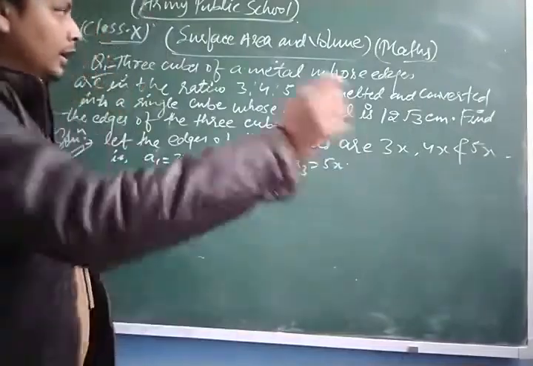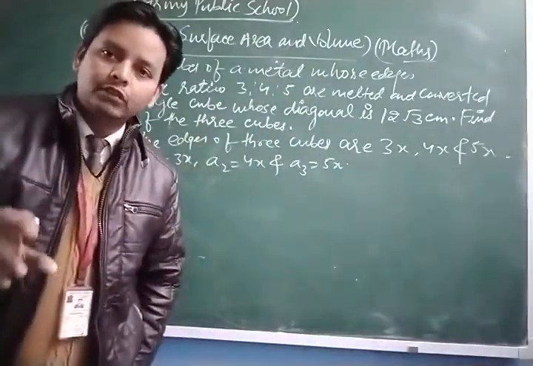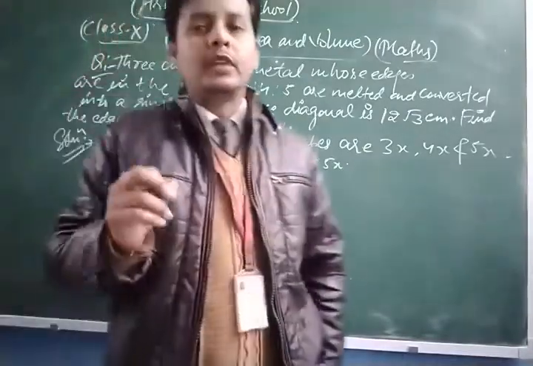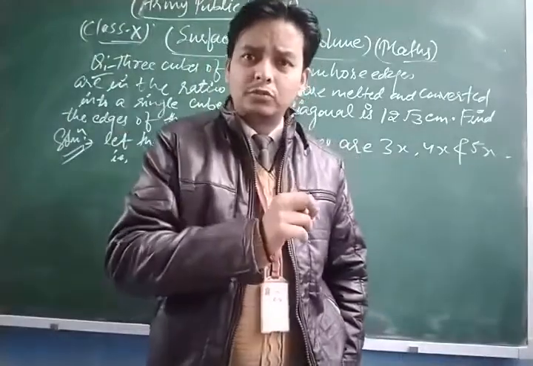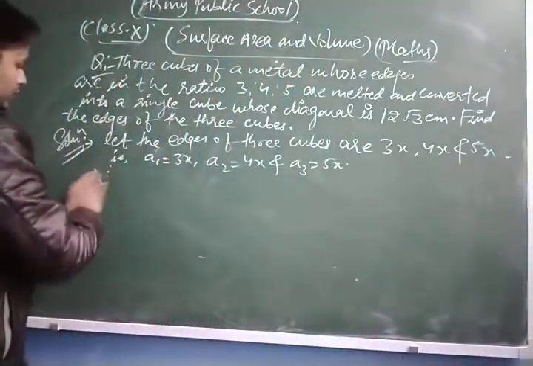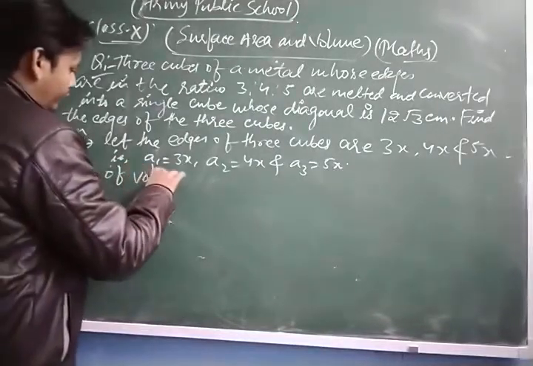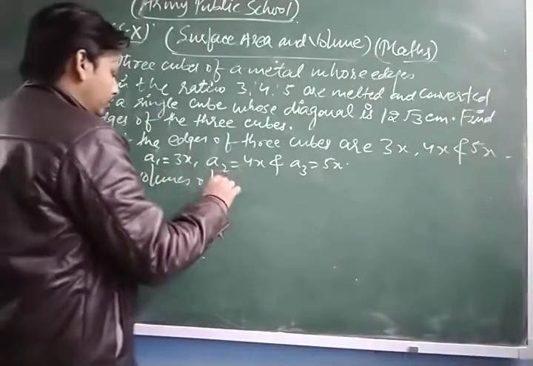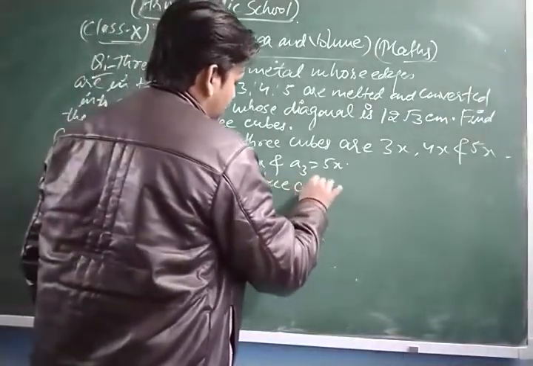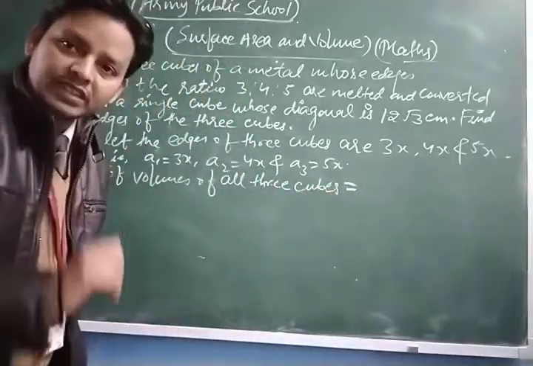Now look, here they are melted and converted into a single cube. So in that condition, the sum of the volumes of all 3 cubes is equal to the volume of the single cube. So according to the question, the sum of volumes of all 3 cubes is equal to the volume of the single cube.